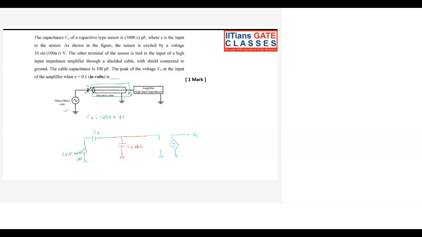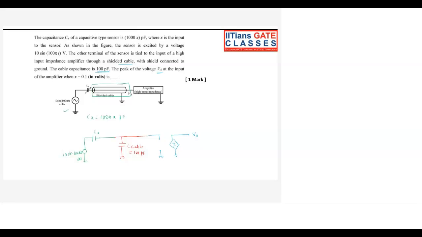Next, the other terminal is tied to the high input impedance amplifier through the shielded cable. The cable capacitance is 100 picofarad. So this C of cable is 100 picofarad. Next, we have the peak of the voltage VA at the input of the amplifier.